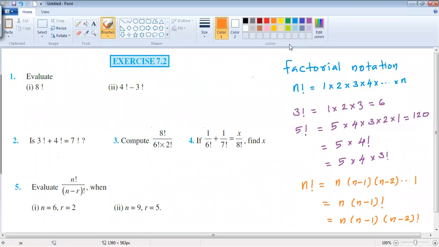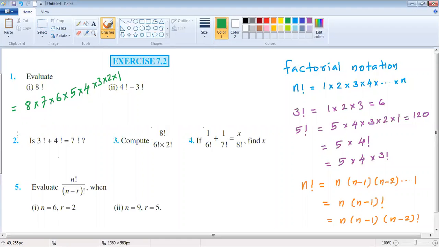So here, look at this question, simple questions. 8 factorial. 8 factorial is nothing but you have to multiply 1 into 2 into up to 8. Now ये तो 8 into 7 into 6 into 5 into 4 into 3 into 2 into 1. So you have to multiply that.